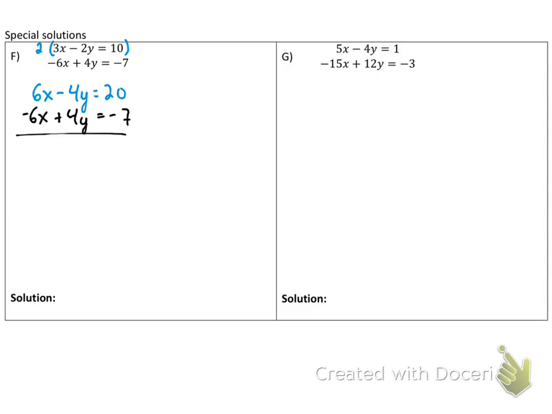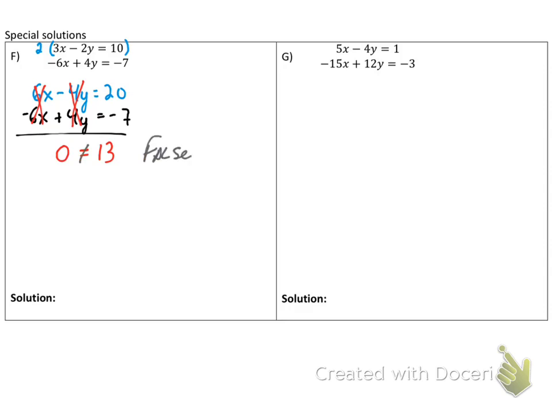So when I add these equations, what you're going to notice is that the x's and the y's are eliminated, leaving you with 0 on the left-hand side. And then 0 equals 20 plus negative 7, or 20 minus 7, which gives you 13. Now, that is false.